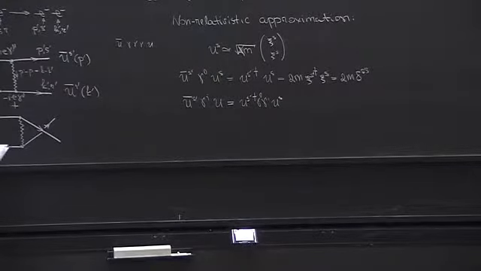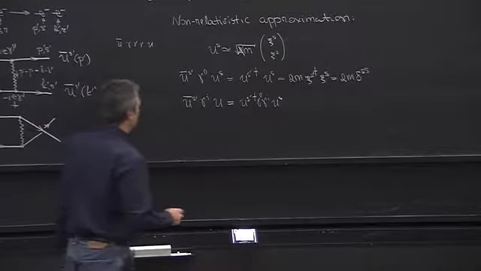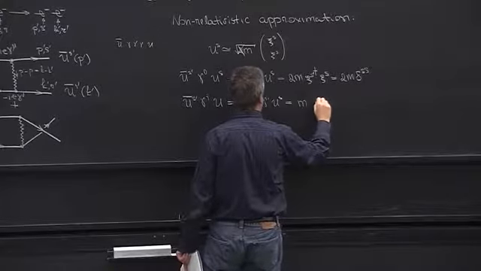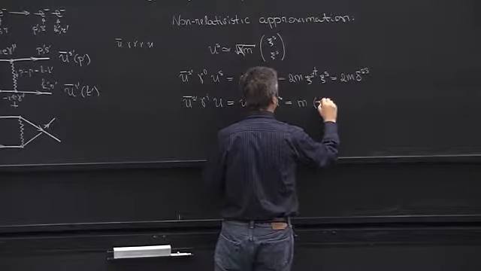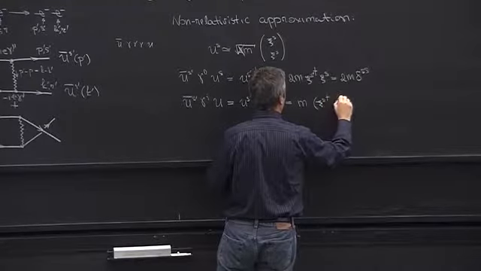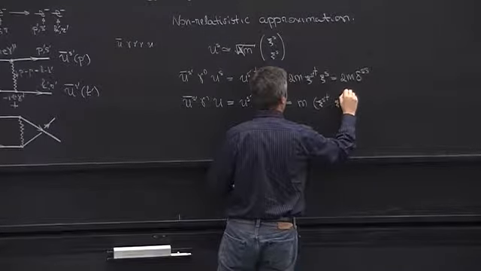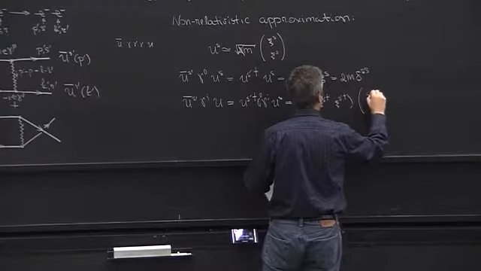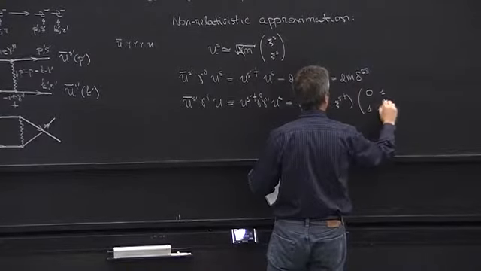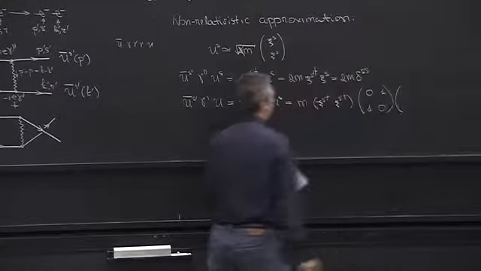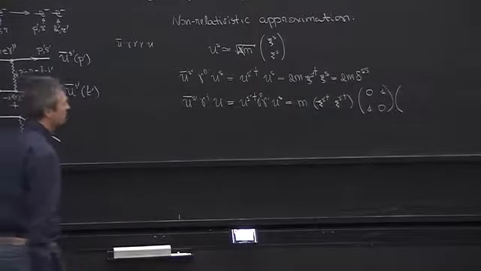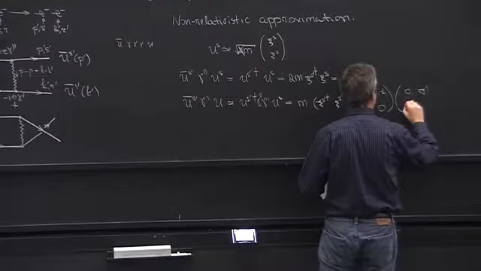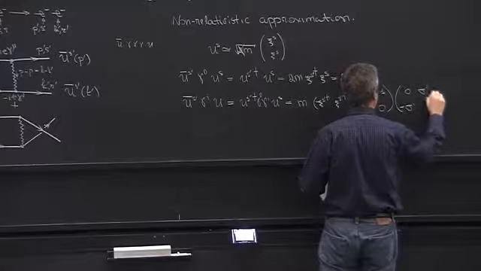So then we need to compute this, and here I have to remind you how the gamma matrices look. Gamma 0 is off-diagonal unit matrix, and gamma i's are just built from the Pauli matrices.